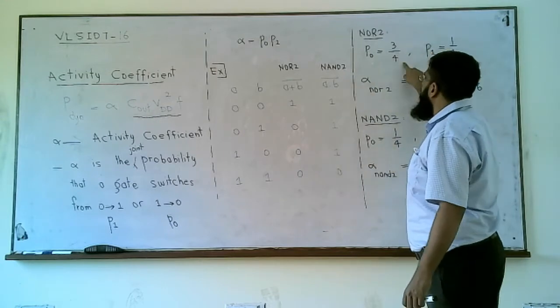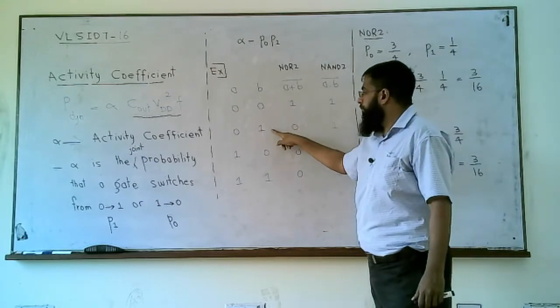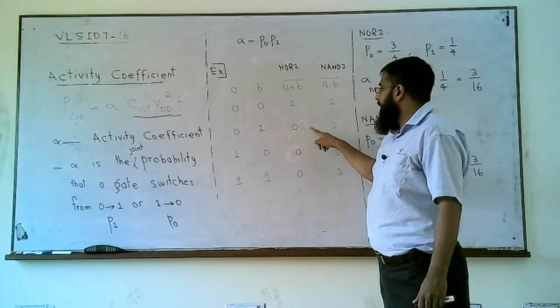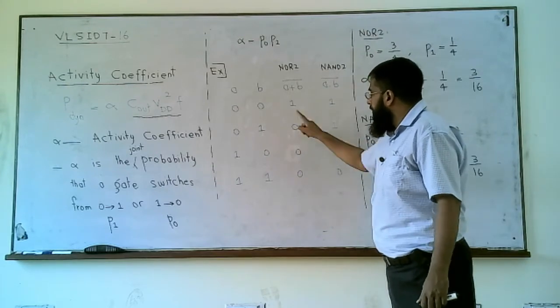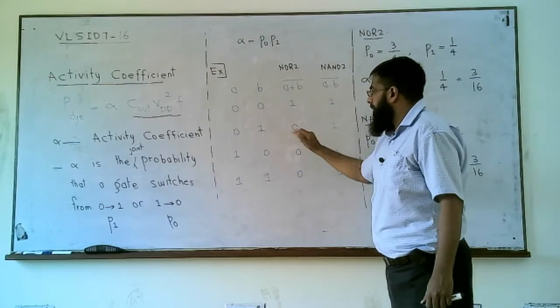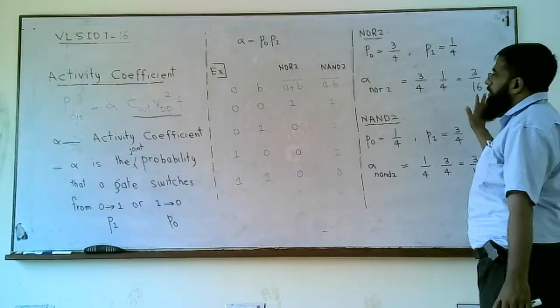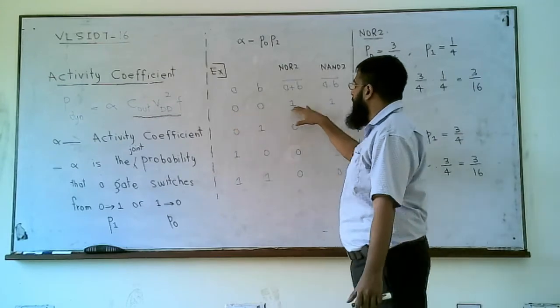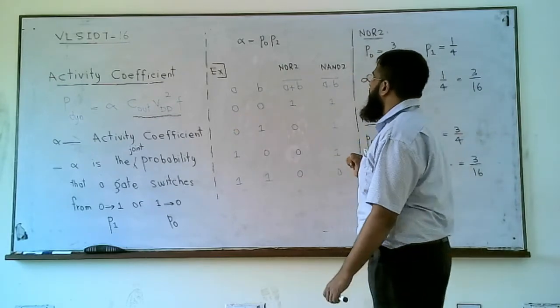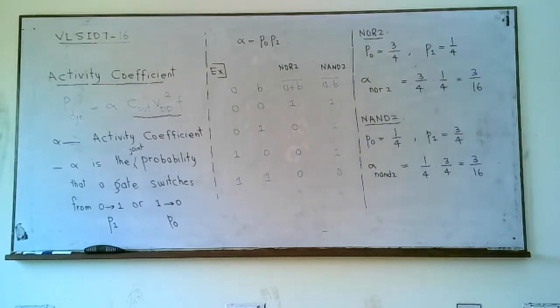So that is 3 over 4. Why 3 over 4? Because there are 4 possible combinations, and out of them 3 are 0. And P1 is 1 over 4, because for only one of these 4 options we have 1 here.